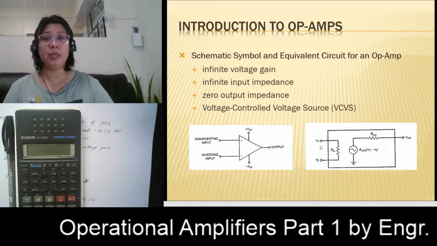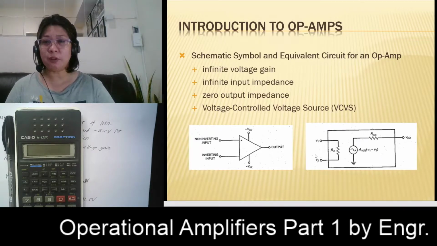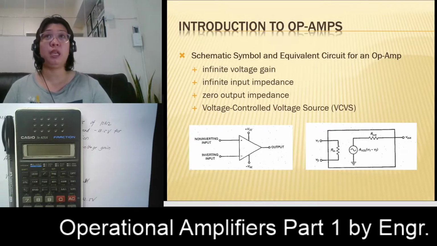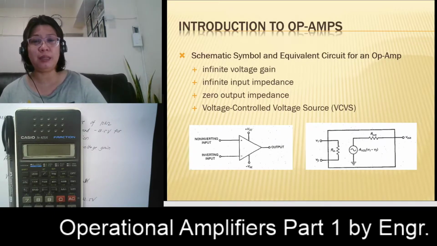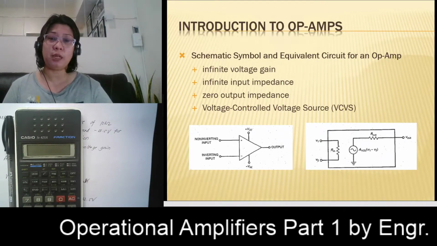As you can see, there are two inputs. Just like in the differential amplifier, it is your non-inverting input and your inverting input. Also, as shown in the schematic diagram, it has a single-ended output. So one terminal will be provided for the output, and two terminals will be provided for the inputs.